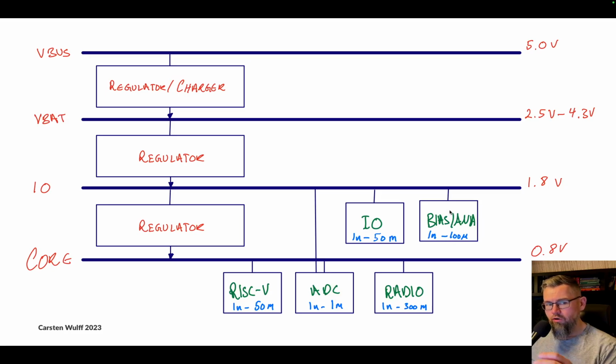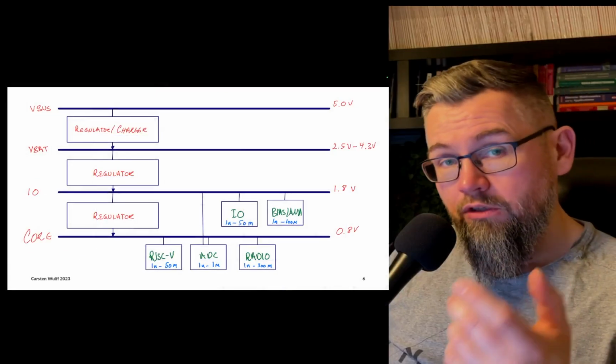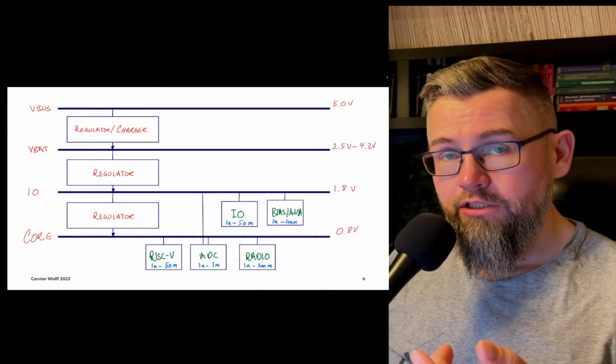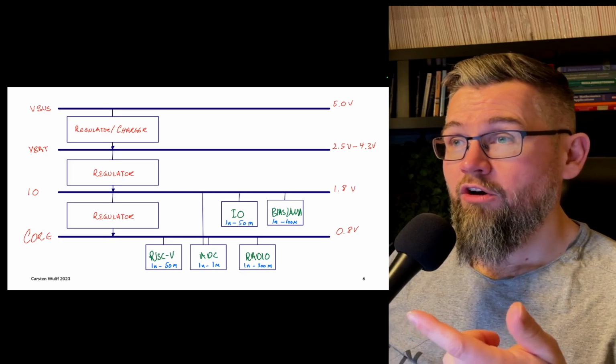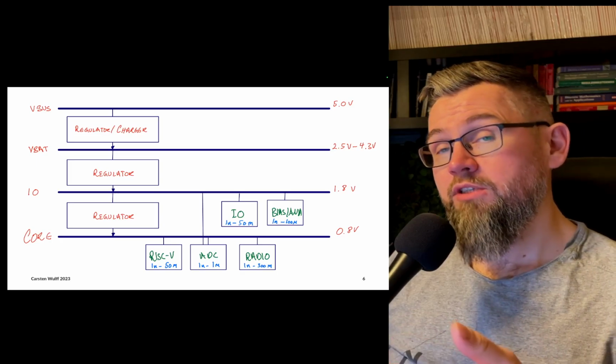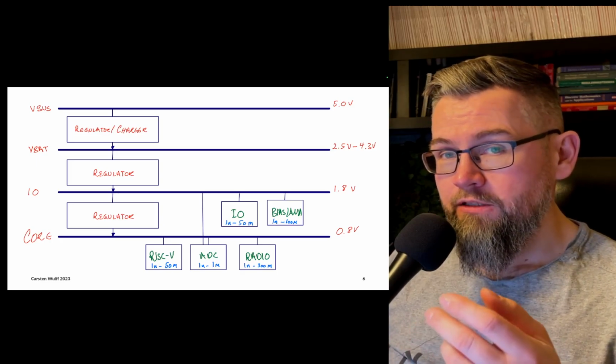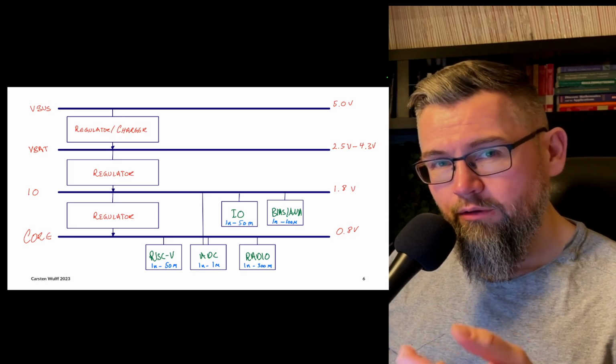Now, for most digital circuits, you actually want to run them at as low voltage as possible, because digital circuits have a power relationship given by the frequency times the capacitance times the voltage squared times an activity factor. So it actually scales as the square of the voltage.